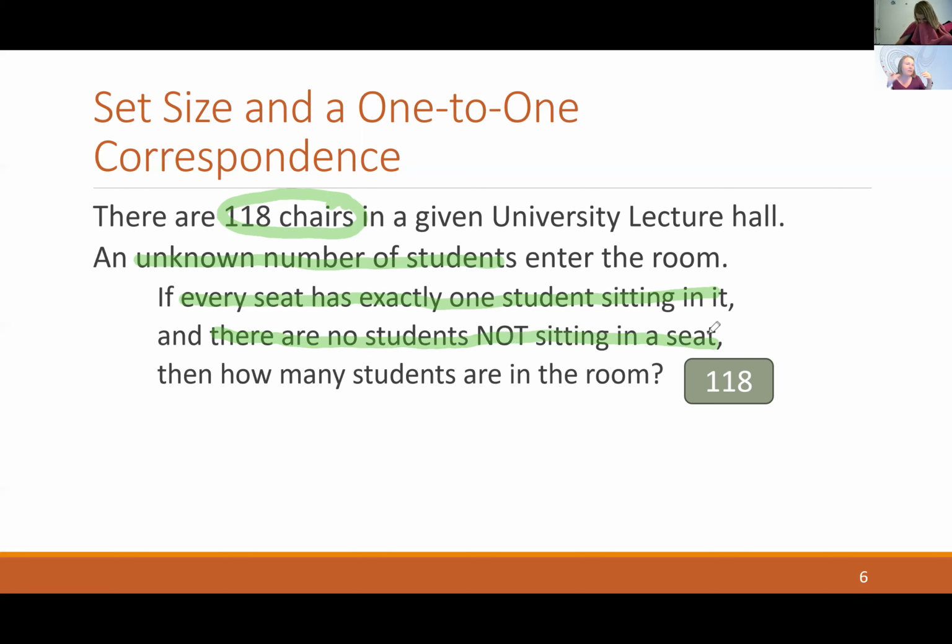So there's no students on the floor. There's no students standing. There are no students not in a seat. So if there's a student in the room, the student is sitting in a seat. So how many students are there? There's 118 students. Does that make sense?